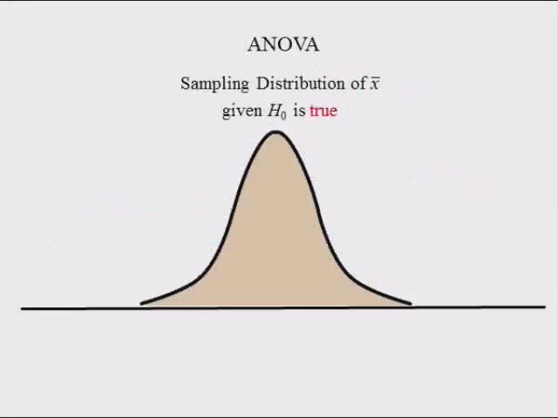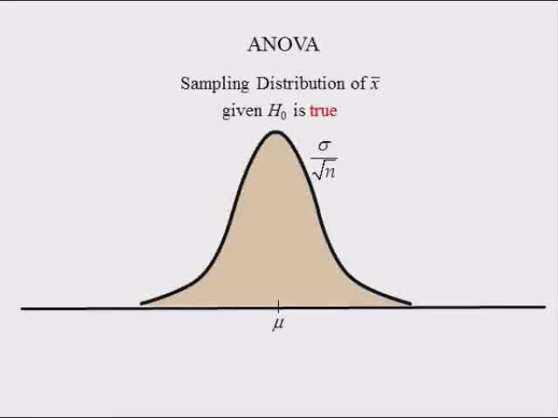If the null hypothesis, all population means are equal, is true, then mu1 will equal mu2, which will equal mu3. We can denote all of them as simply mu. If the ANOVA assumption that the populations all have the same variance holds, then the sampling distribution's variance is sigma square divided by sample size n.